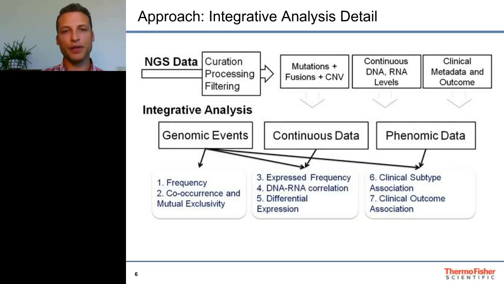So from simple things like the frequency of genomic aberrations, how frequent is this mutation in this cancer type, all the way through to correlation of the DNA and RNA levels in a gene given a mutant or wild type status, or given a fusion or wild type status, for example, all the way through to outcome data. So for many patients, retrospective outcome data is available now in the public data sets.